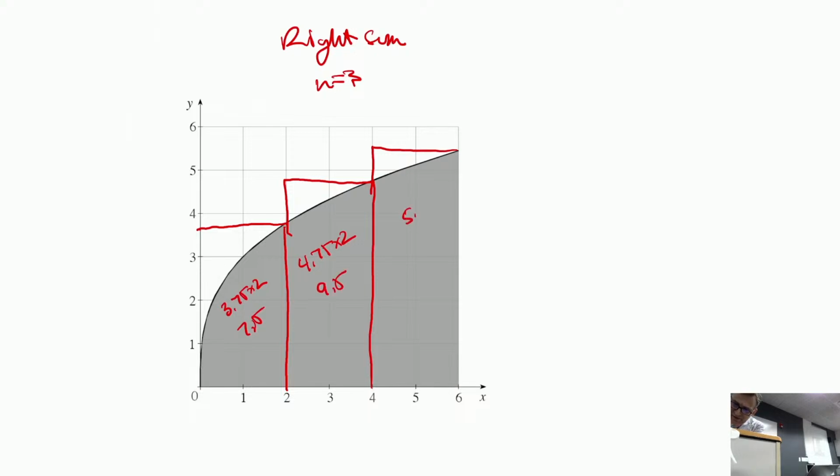And then this is going to be 5.5 times 2, which is 11. So we have 7.5 plus 9.5 plus 11, and all of that together is 28. Getting closer to the truth. So what do we have before? 29.25, now it's 28. Still, this is an overestimate. You can actually see where it's overshooting the actual truth.